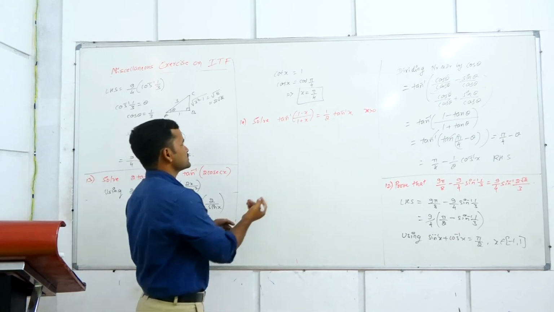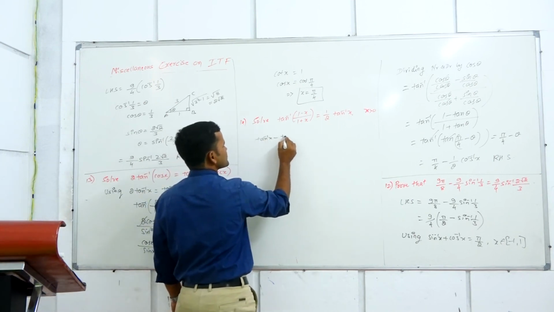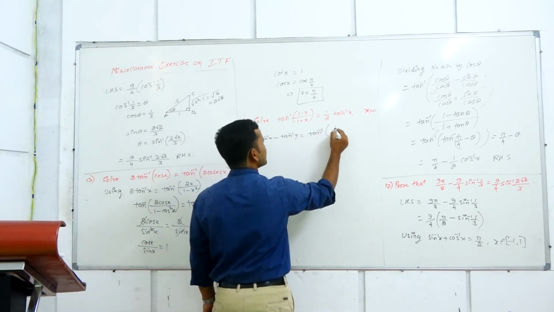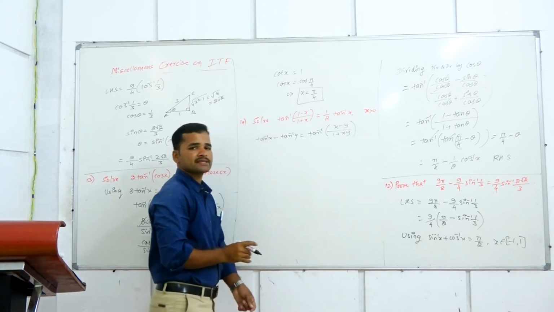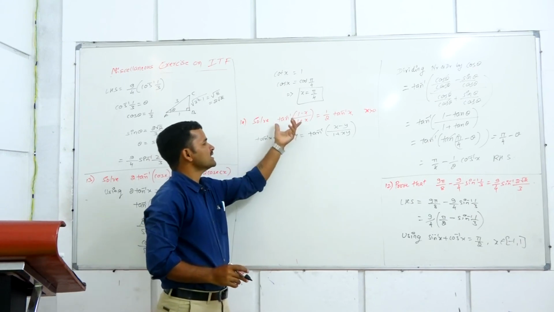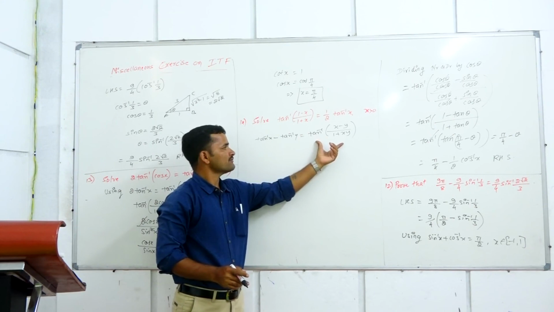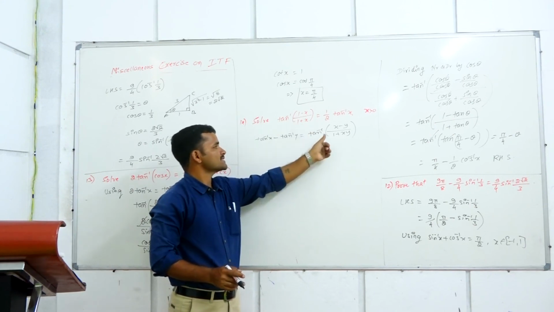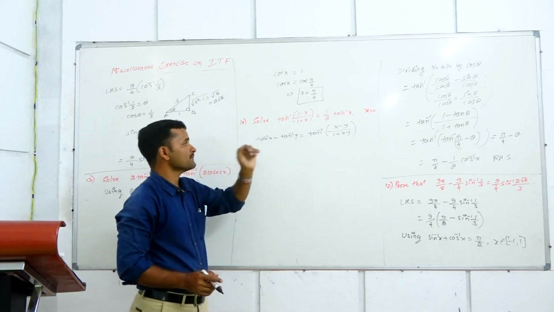Which formula to use? We know the formula: tan inverse of x minus tan inverse of y is equal to tan inverse of x minus y by 1 plus x into y. We will use this formula here. The left hand side looks like the RHS of this expression, tan inverse of x minus y by 1 plus x into y, where x is considered as 1 and y is considered as x.